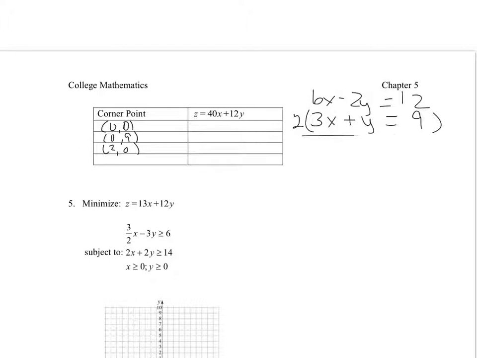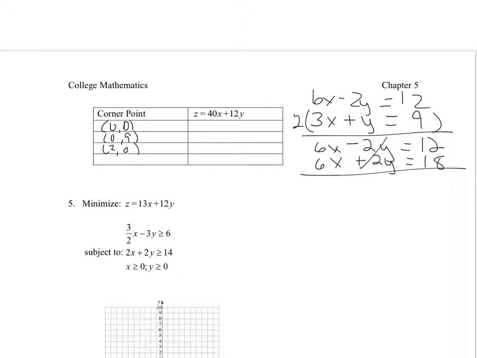So that's going to give me 6x minus 2y equals 12 for my top equation. My bottom equation is now 6x plus 2y equals 18. Remember, everything on both sides has to be multiplied by 2. My y's cancel, and I have 12x equals 30.